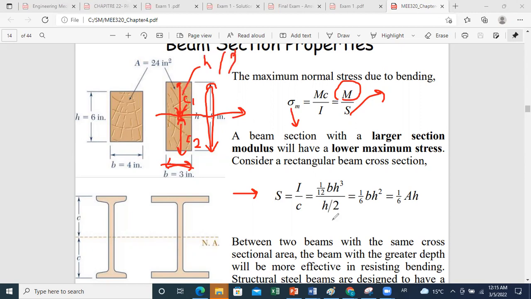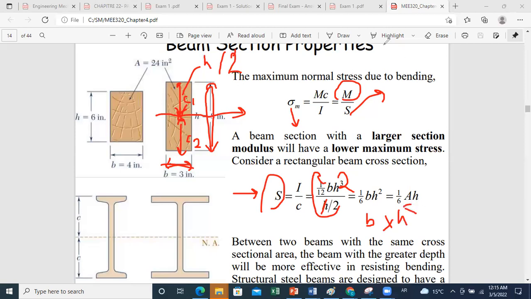If I replace in my formula and simplify h, so I have h here and h cubed, we get h squared, and 2 over 12 will be 1 over 6. So we have that S is 1 over 6 b h squared. The area is b times h for a rectangular cross section, so S is 1 over 6 the area of the rectangular cross section times its height.